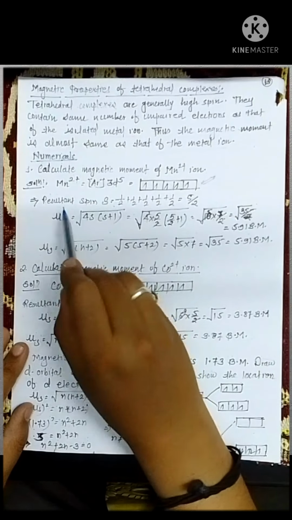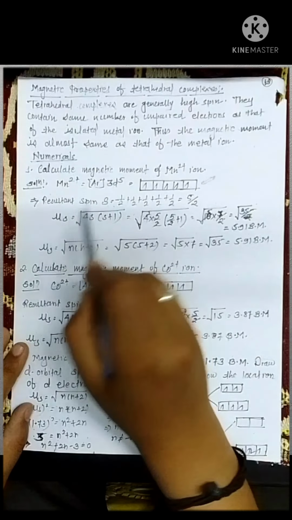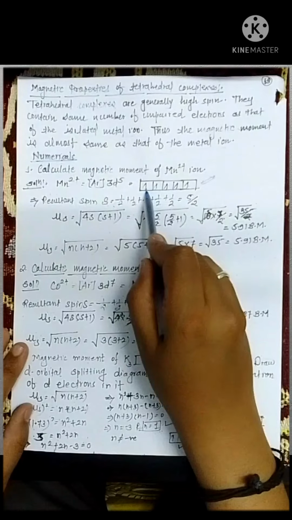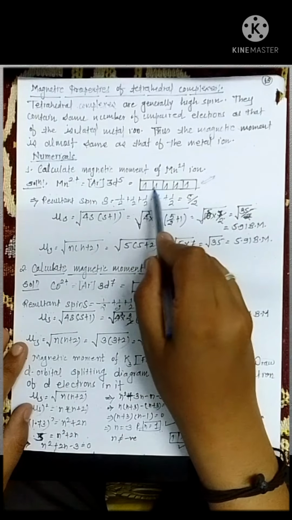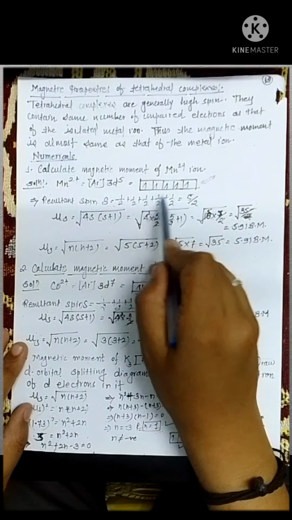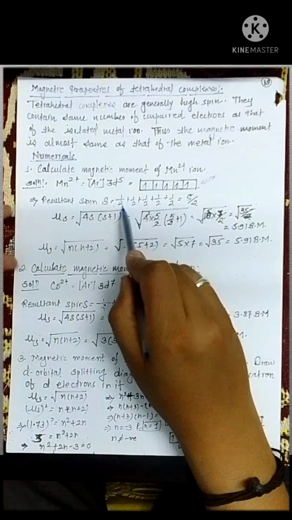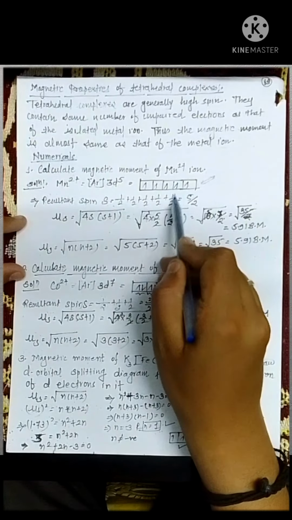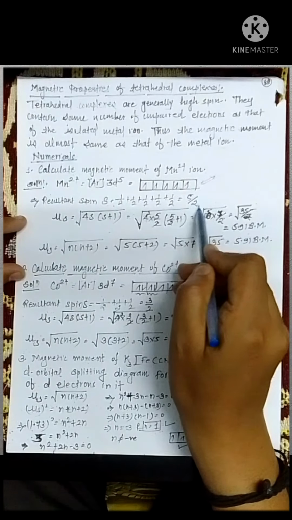Now the important thing is how to calculate the resultant spin, that is capital S. There are 5 unpaired electrons and each unpaired electron has a spin of plus half. So we have to write the spin of each electron and add them. So capital S is equal to half plus half plus half plus half plus half. The total spin calculation is 5 by 2.